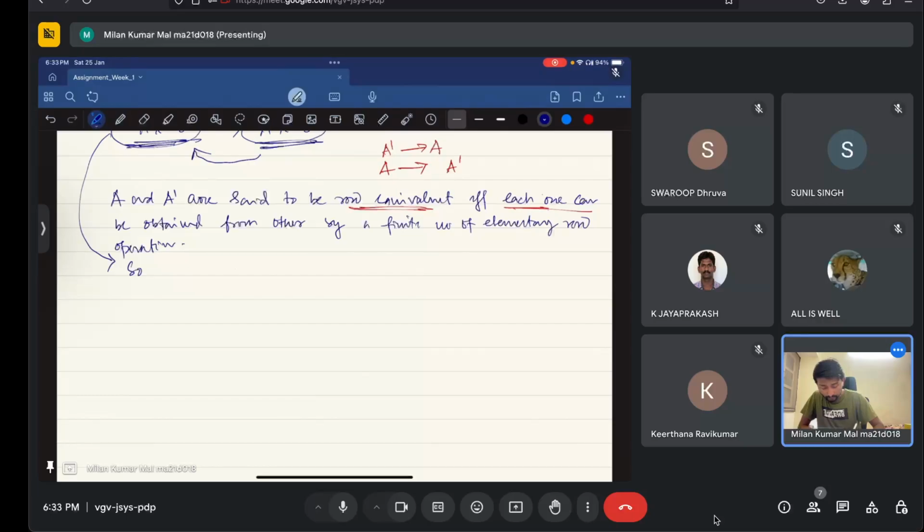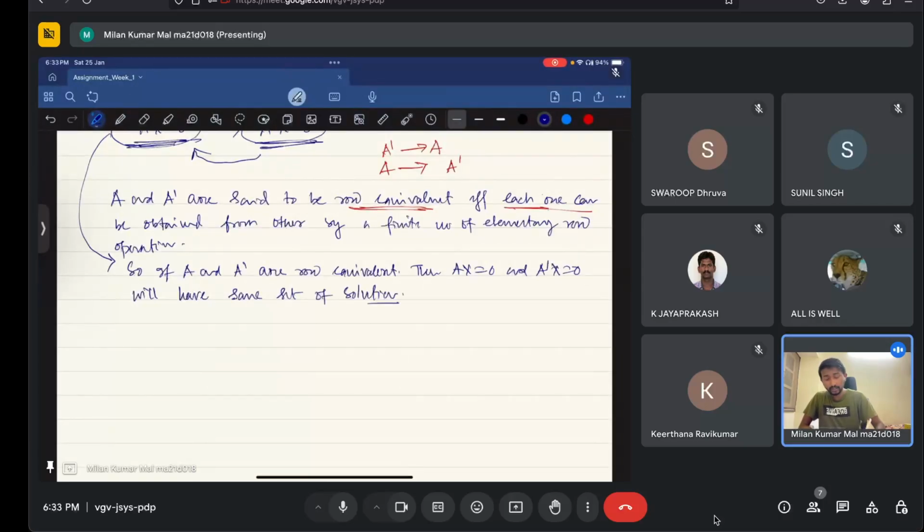So we can write: if A and A' are row equivalent, then Ax = 0 and A'x = 0 will have the same set of solutions. Why will it be a set of solutions?